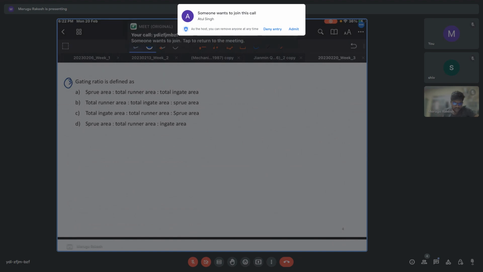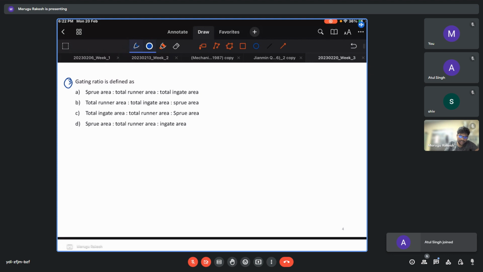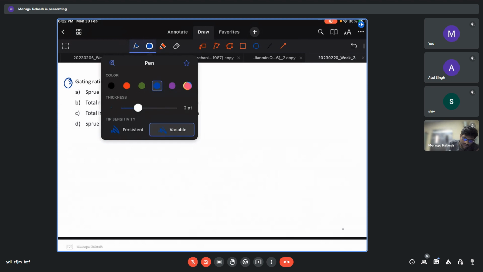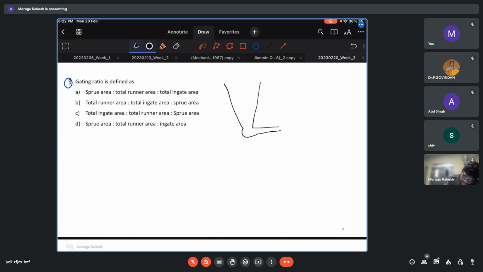Okay. So let me explain this gating ratio. The diagram will be similar to whatever I had drawn earlier. So we start with a sprue, then a runner, and then an ingate.